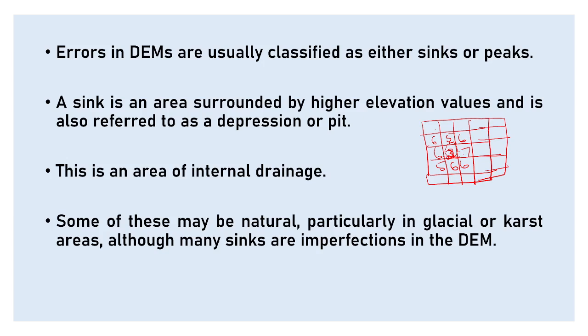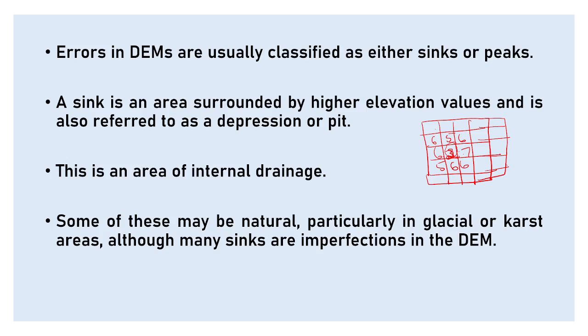And what you have to keep in mind is some of these sinks may be natural, particularly in glacial or karst areas, although many sinks are imperfections in the DEM. This can be natural because in glacial terrain, if you are familiar with geomorphology, it's just a fact.